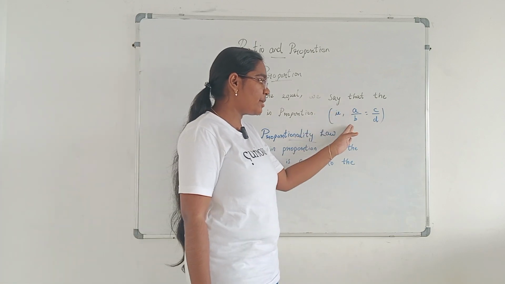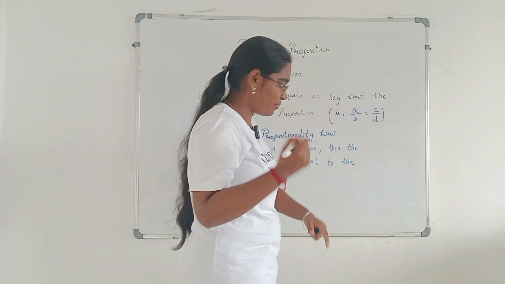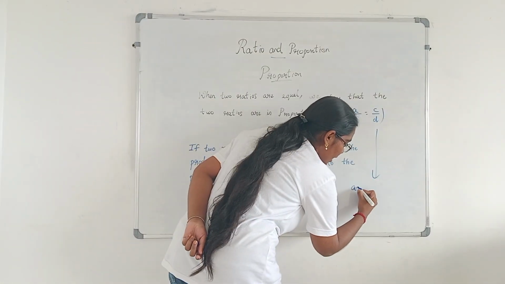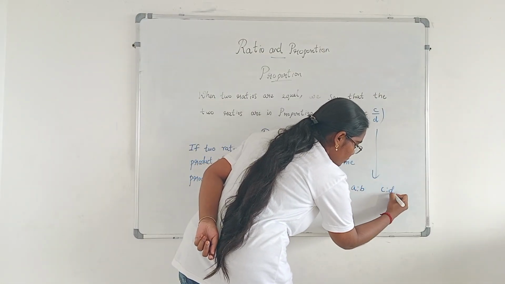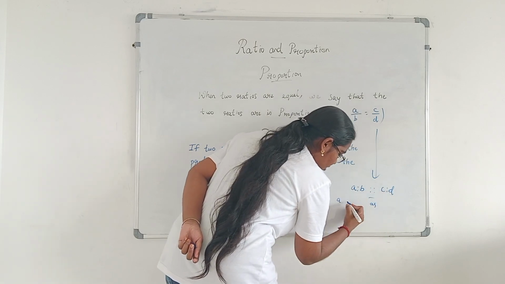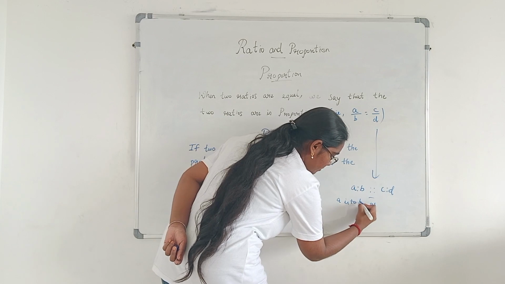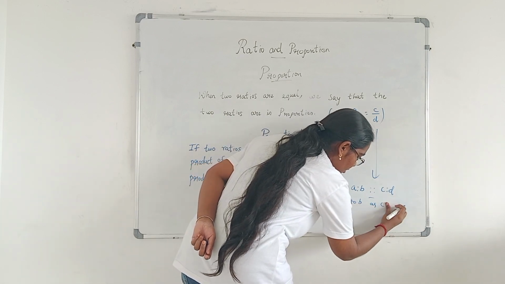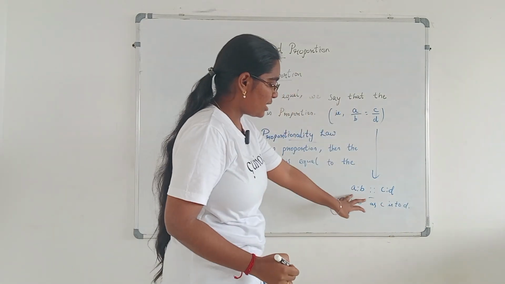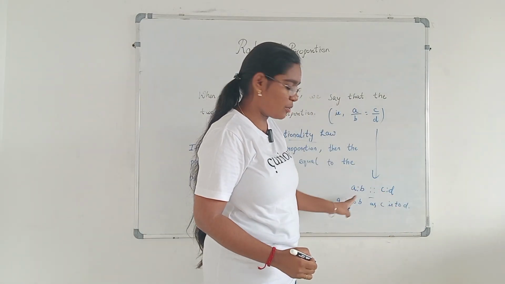That is A by B equal to C by D. It can be written as A is to B as C is to D. That is, these two ratios are in proportion.